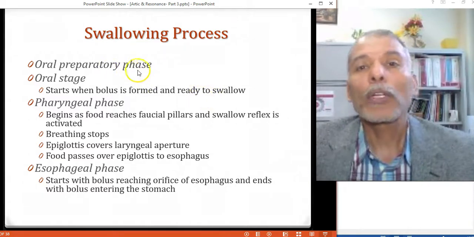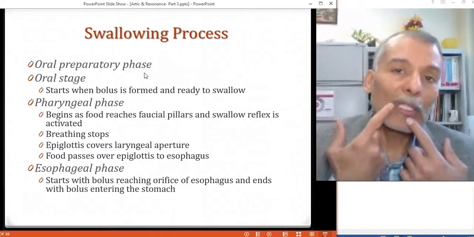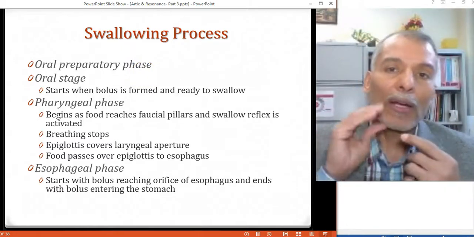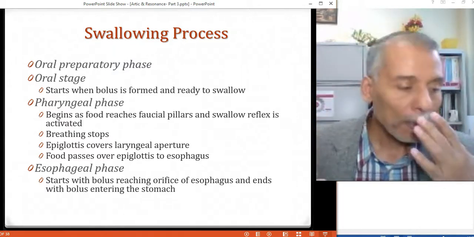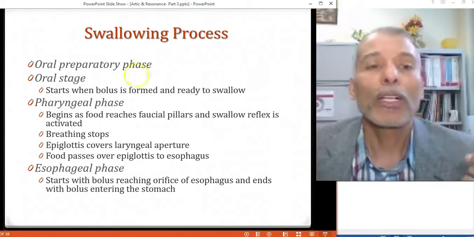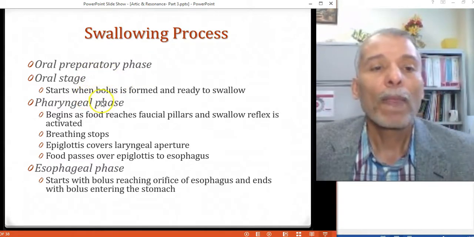So the first stage of swallowing is putting the food inside of the mouth. Once the food is in there, you are going to prepare it to swallow it. So that's called the preparatory phase, or the oral prep phase.